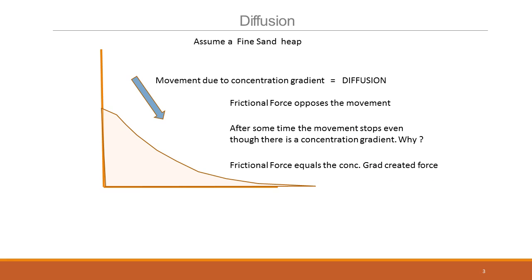There's a concentration gradient here, so particles should ideally move, but since friction opposes this movement, at some point it will stop. You remember you saw it from here and now it has stopped here. If the frictional force was not there, as I said before, they would all come to the same level, and there would be no concentration gradient at the end of it. But since frictional force is there, at some point it will stop.